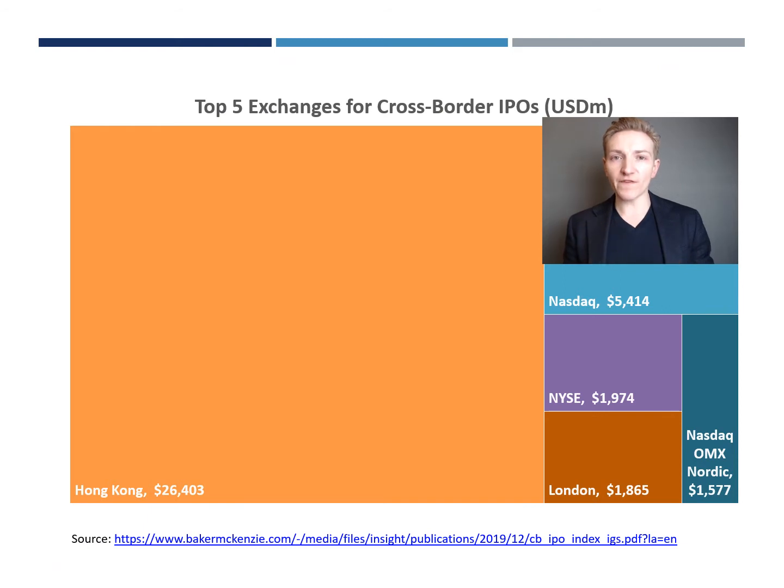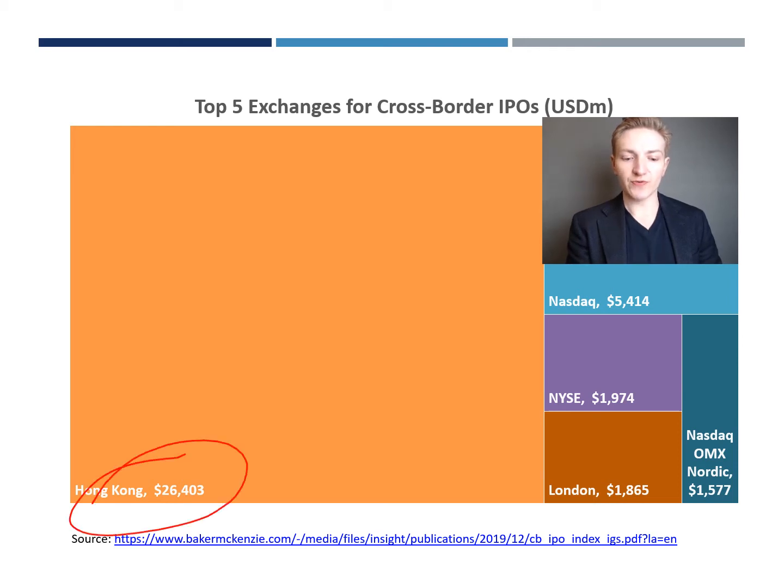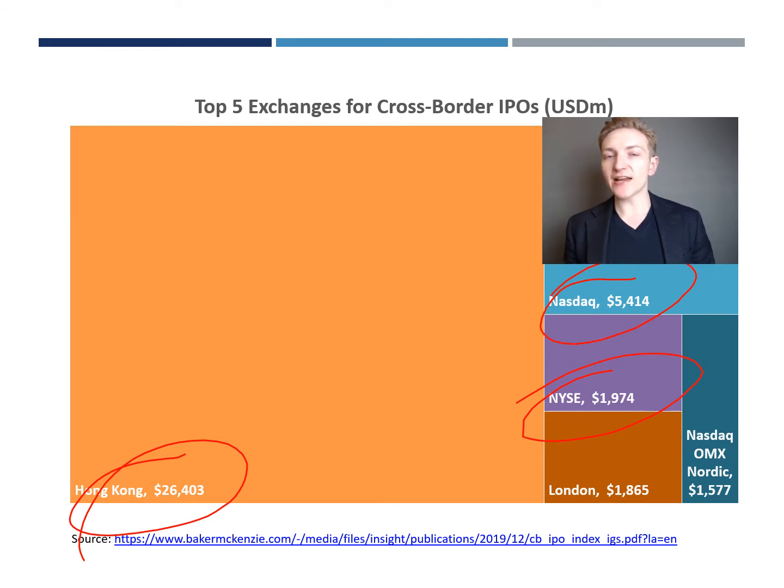So in terms of the top 5 cross-border exchanges, we can see here, for example, that Hong Kong was one of the largest cross-border exchanges. Now, Hong Kong would represent a large amount of the IPO activity for firms listing overseas. After that, we have 2 US exchanges, being NASDAQ and NYSE, with NASDAQ getting slightly more cross-border activity than NYSE. But nevertheless, NYSE is quite significant.